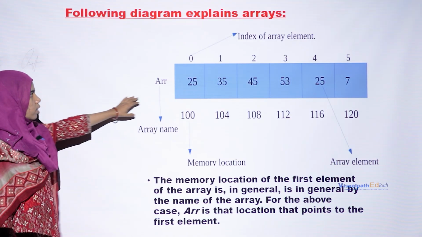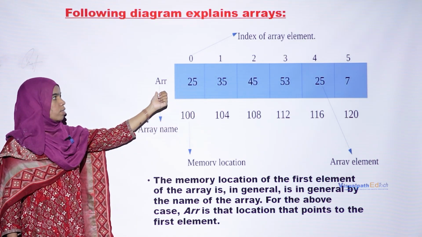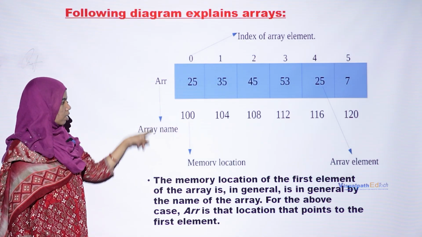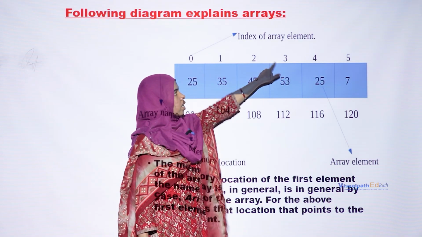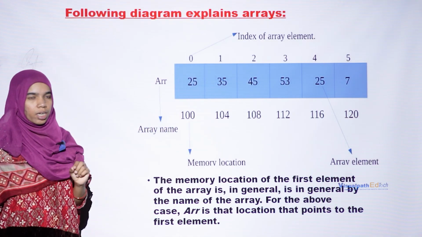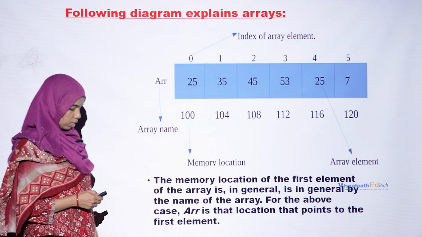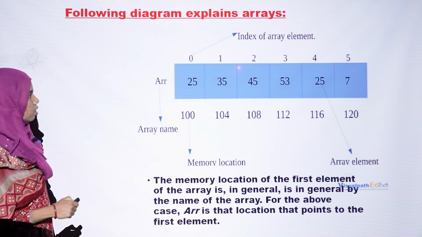So this is an example of a single-dimensional or one-dimensional array where we have a variable ARR. This is the name of the variable. Following it, these are the indexes. Arrays are represented with the index value with which you will be able to uniquely identify the value at a particular index.